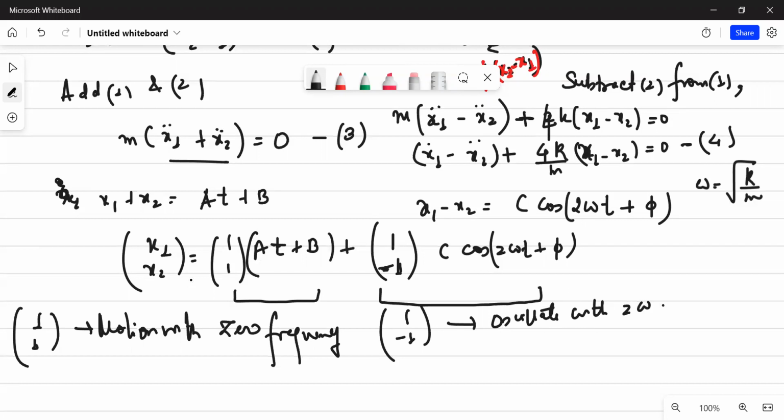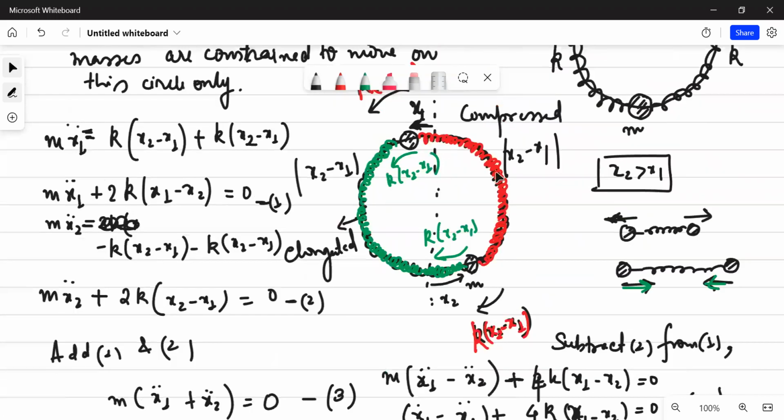So basically, in the first case, if the motion is linear, that only implies that there is no as such involvement of spring. These two masses are just sliding. Is that clear? Because it represents that the rate of growth of motion is only linearly dependent on time. So there is as such no involvement of these springs there. So basically, हो क्या रहा है? एक तरीके का with respect to time, this is also increasing. With respect to time, this is increasing.